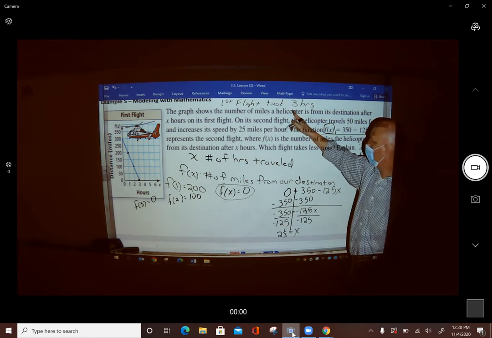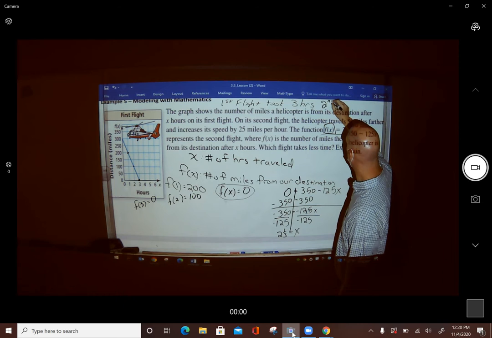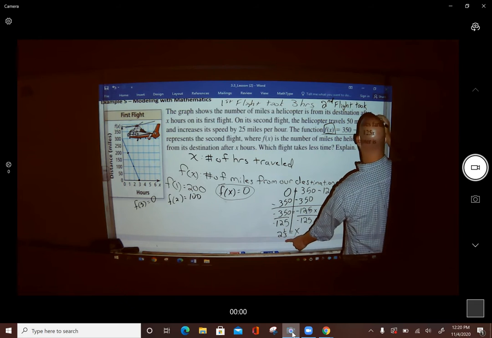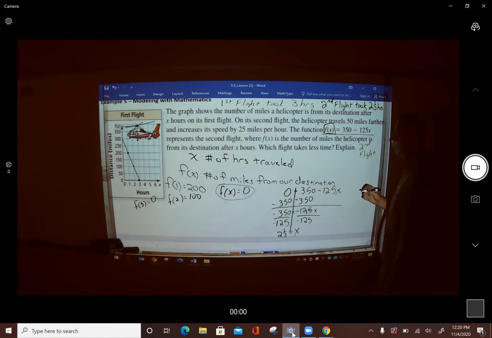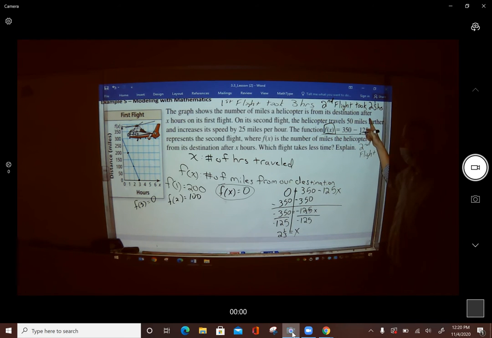The first flight took 3 hours. The second flight took 2 1/3 hours. So which flight takes less time? The second flight. Why? The first flight took 3 hours. The second flight only took 2 1/3 hours.